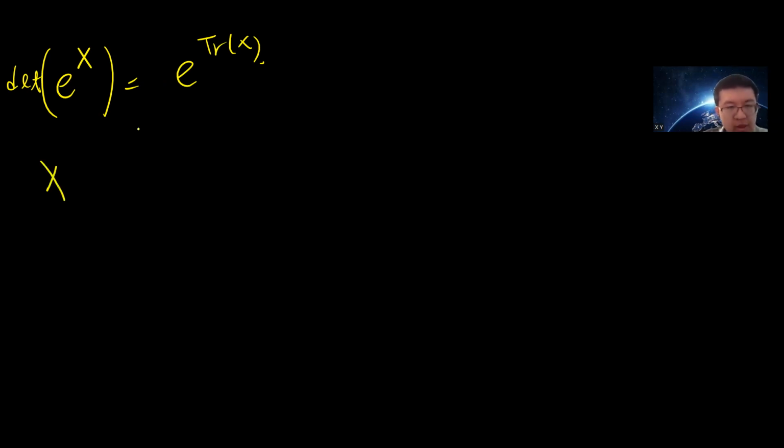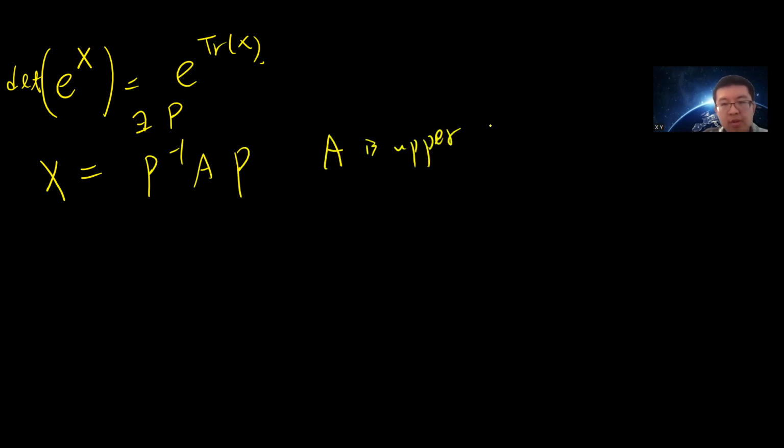So there's an invertible matrix P such that P inverse A P is upper triangular. So basically A is an n by n matrix, and the entries below the diagonal are all zero, while the others can be non-zero.